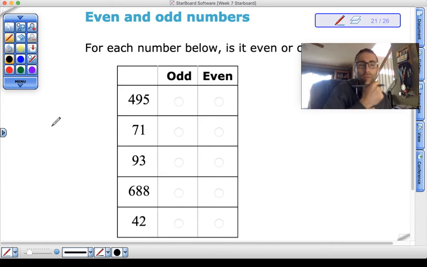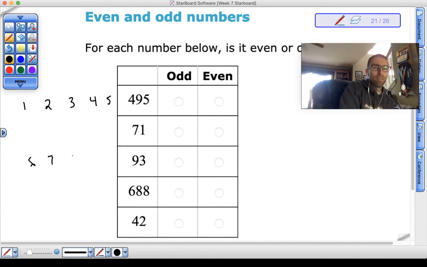Let's start by writing them all out here. I'm going to have my numbers 1, 2, 3, 4, and 5, and then 6, 7, 8, 9, and numbers that end in 0. Now, when we're doing this, all of our odd numbers are numbers that end in 1, 3, 5, 7, and 9.